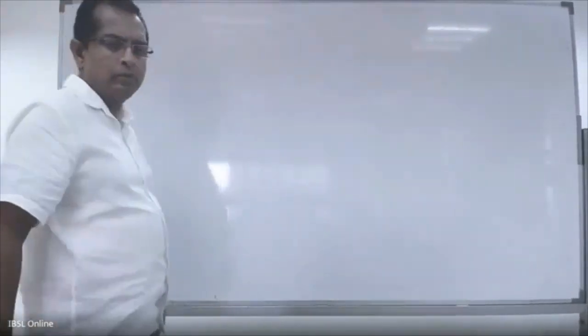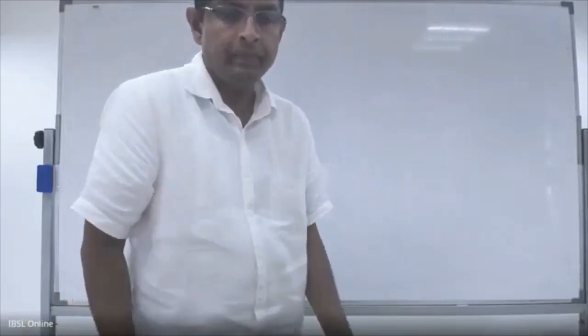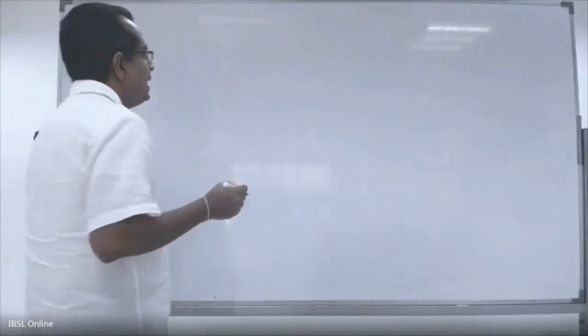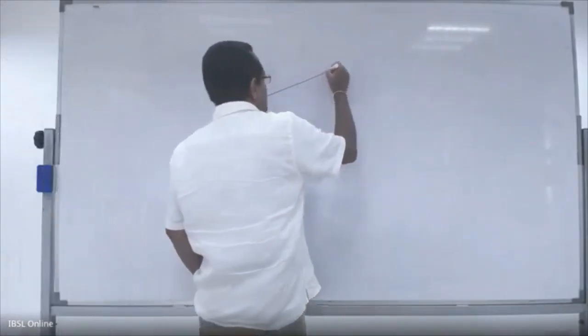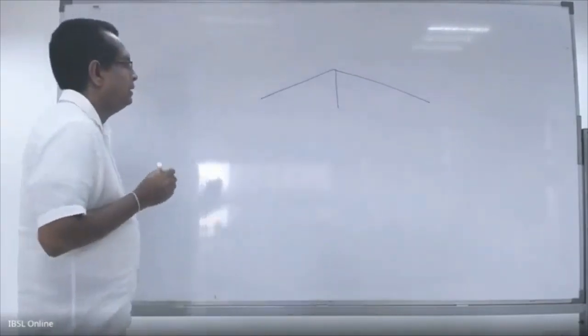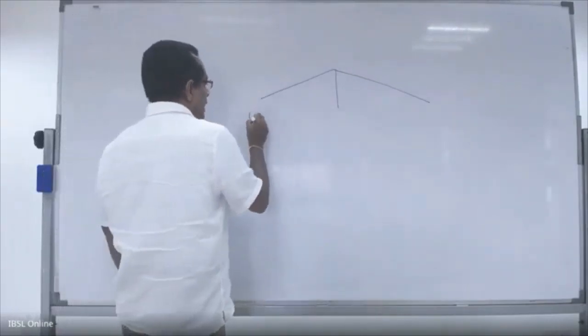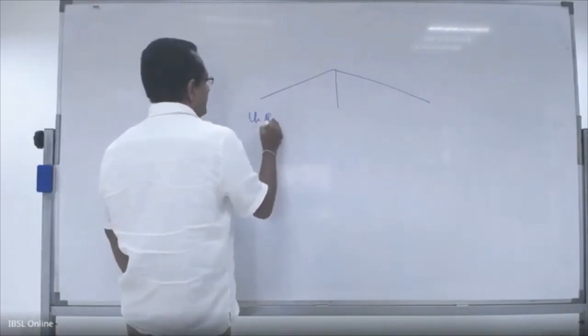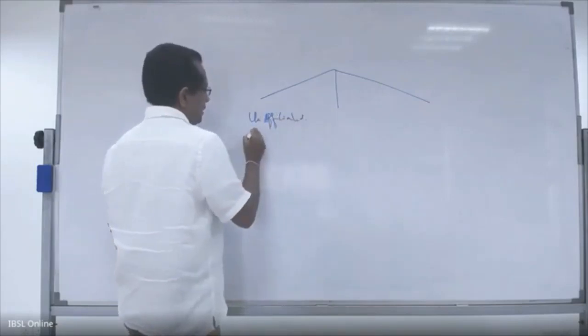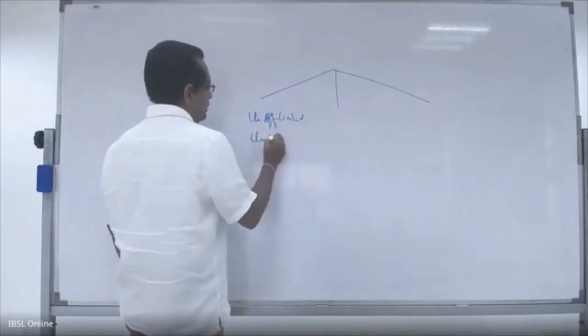Hope you can see the board clearly. Right? We have three types of relationships. Unaffiliated, unknown.